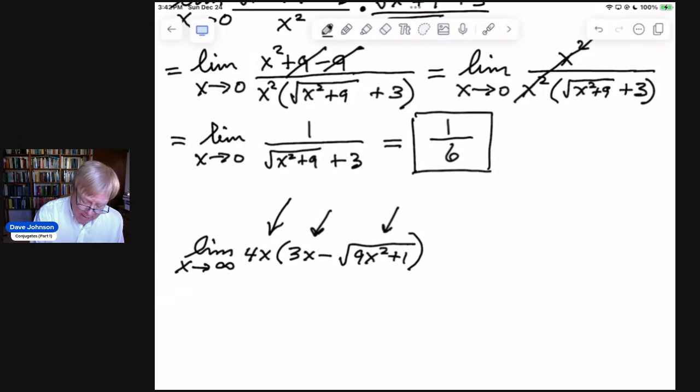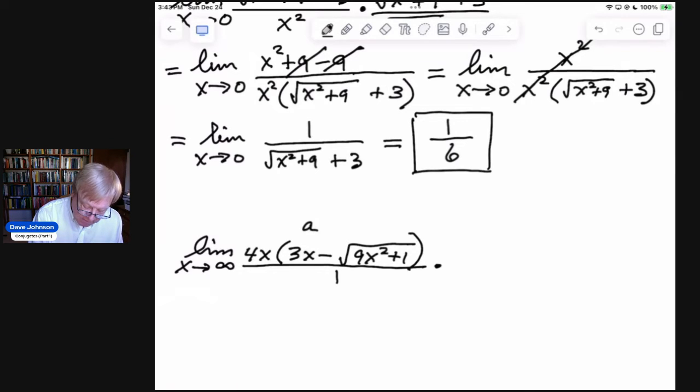Well, I'm seeing that radical there, and so I think what we could do is sort of the same thing: multiply top and bottom by the conjugate. And you say, well, wait a minute, there's no bottom. Well, think of there being a bottom. You can put a 1 down here if you want. And then we're going to multiply by the square root conjugate of the two terms in the parentheses.